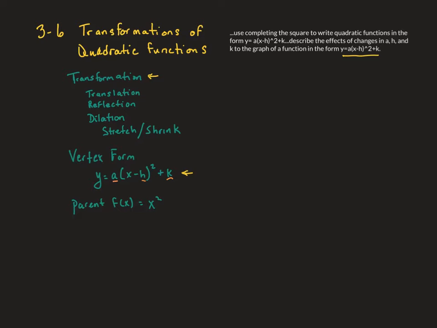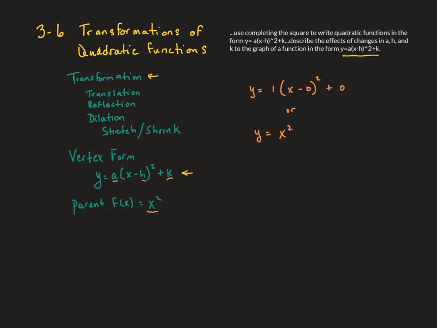And of course, as we talk about the quadratic function, the parent function is going to be x squared. So if we look at that as y equals 1 times x minus 0 squared plus 0, or y equals x squared, that's what that would look like in its transformation.